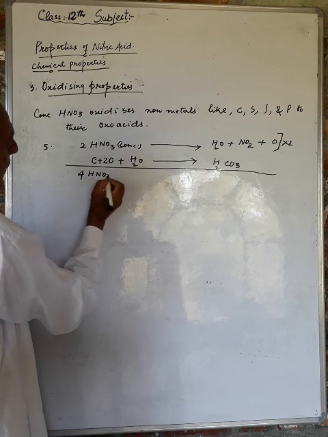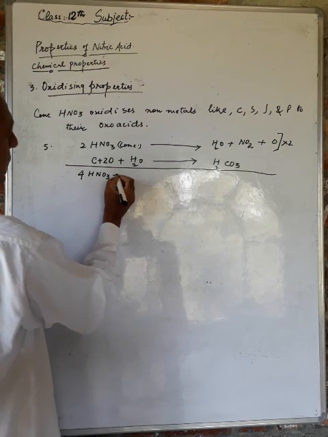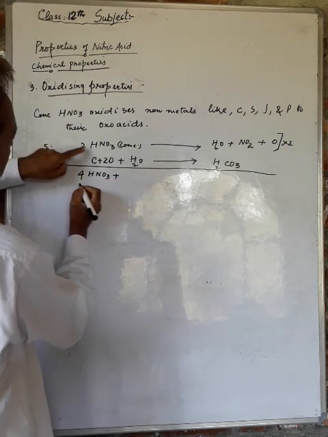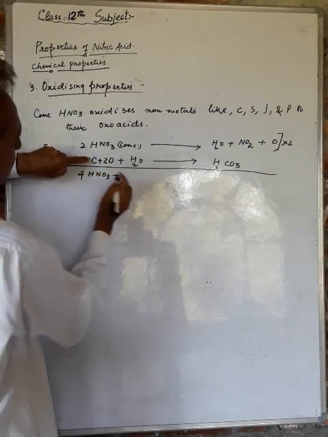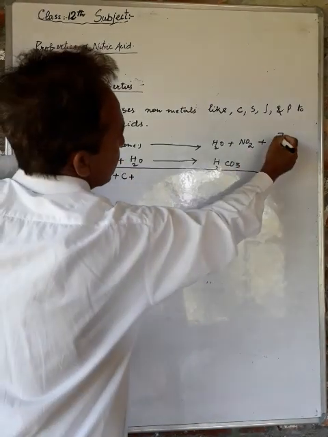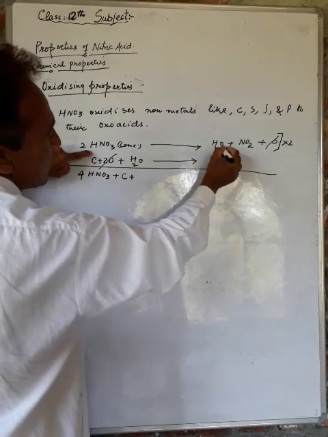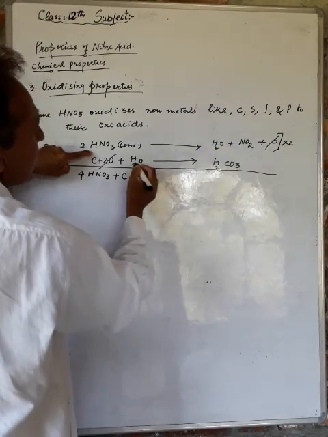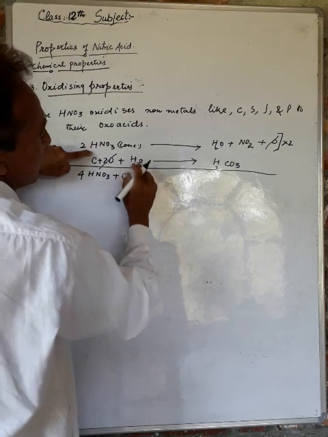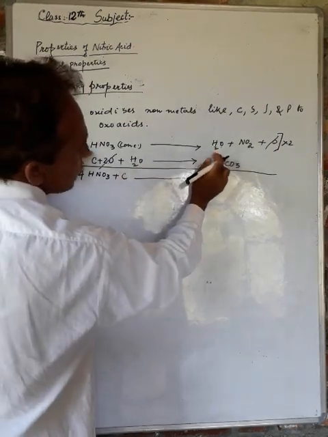We have to multiply the whole reaction by 2, double the coefficients, that is here it is 4 times HNO3 plus carbon. Now we have to add the left hand side. This is carbon and this is nascent oxygen, and twice nascent oxygen will cancel. This is water, and here we have to write 2 times water. Here it was 1 time water, here it is 2 times water.